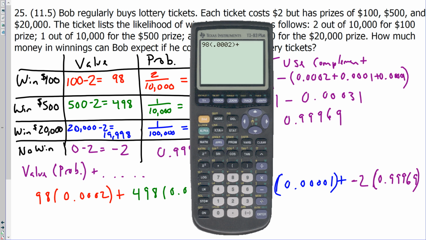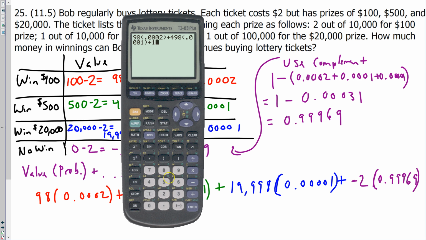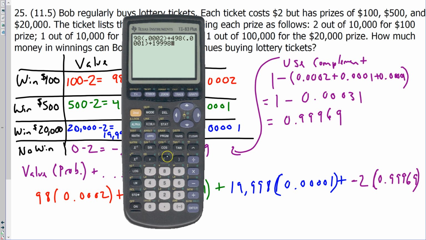Okay, plus 498 times 0.0001, plus 19,998 times 0.0001, and then plus my -2.